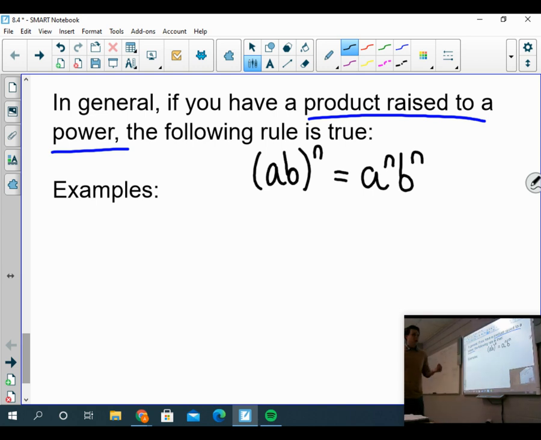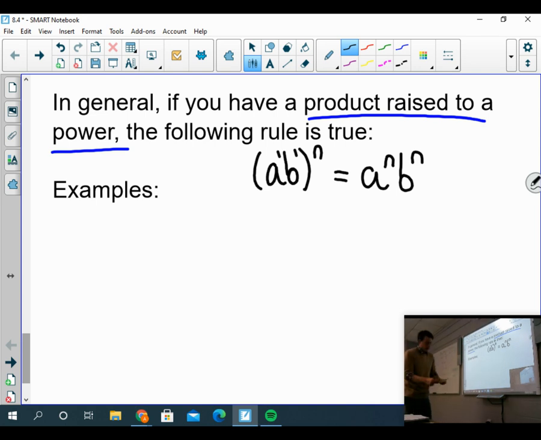We have multiple things being multiplied together to an exponent. Each part of the product will get the exponent, and again, they get it by the power to a power logic. Right here I do 1 times n, and I get b to the n. 1 times n, I get a to the n, and that a to the n, b to the n are still multiplied together.